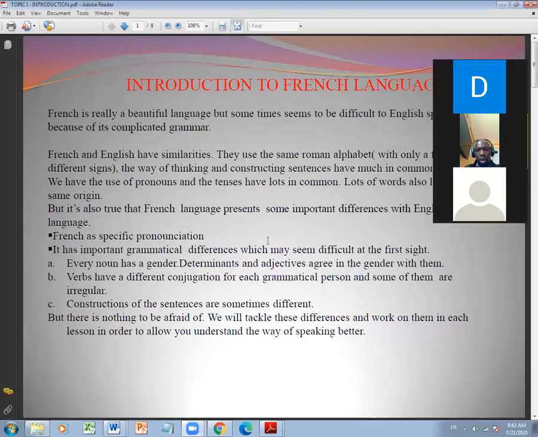Document. So I believe you can see the screen.